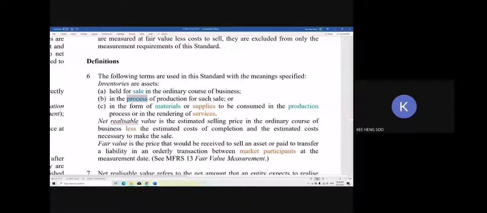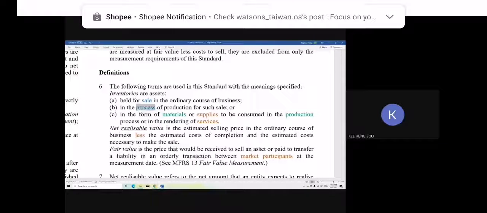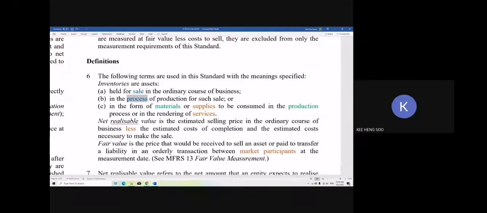Here, you close the account. Okay, in the form of materials, the services.